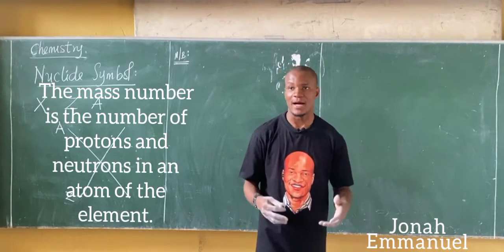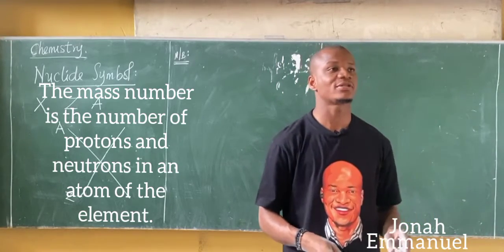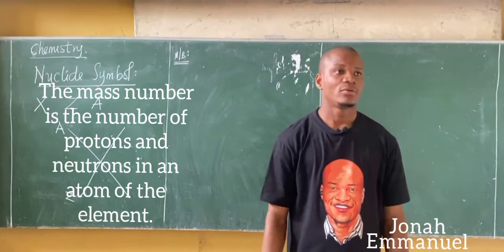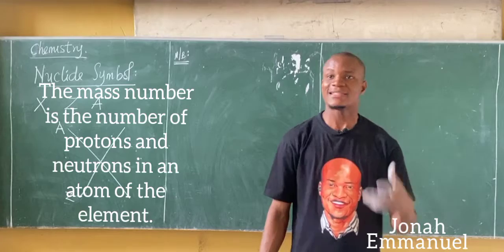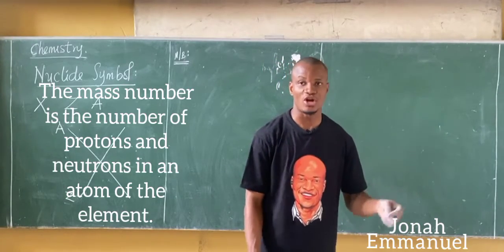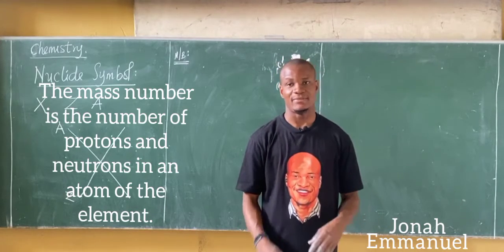While the mass number, also called atomic mass, is the number of protons and neutrons in an atom of that element.